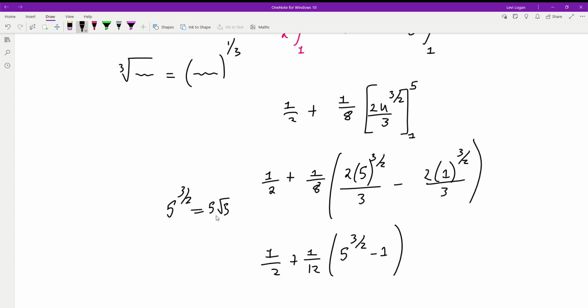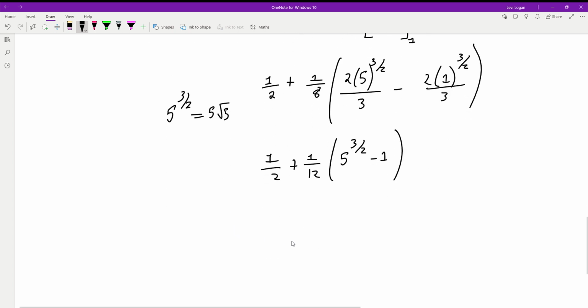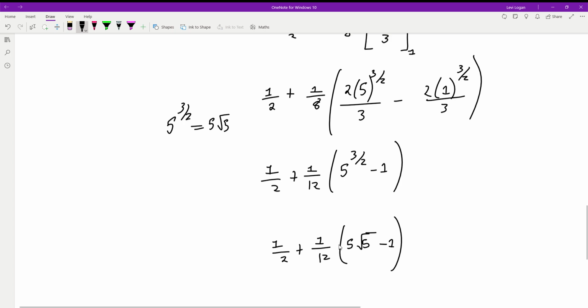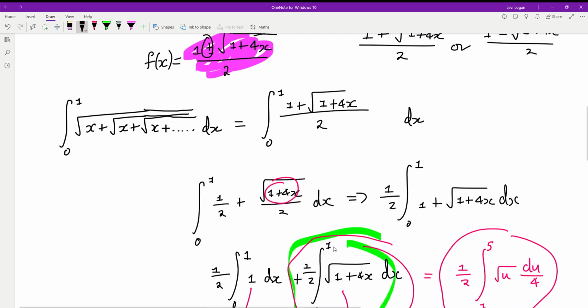So I'll just double check that. Yep, that's it. So we have 1/2 plus 1/12 multiplied by 5 root 5 minus 1. And that's probably the prettiest answer you can get for this, because of the third factor.